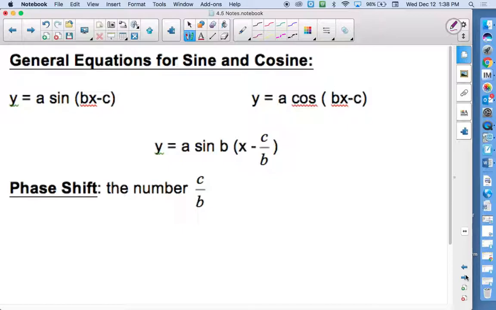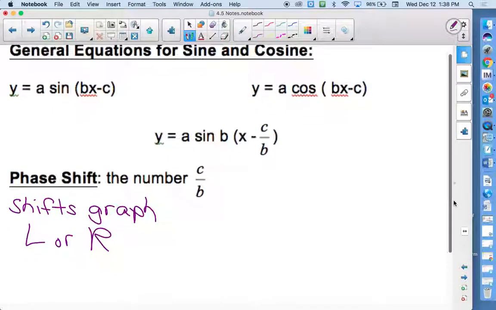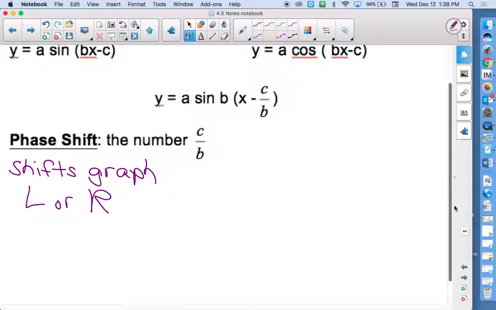So we're going to talk about the phase shift today, which literally is shifting the graph left or right. So we're now shifting it. Our starting point is no longer at 0, 0. Just like a parabola usually starts at 0, 0, and then you shift it to 3, or you shift it to the negative 3.